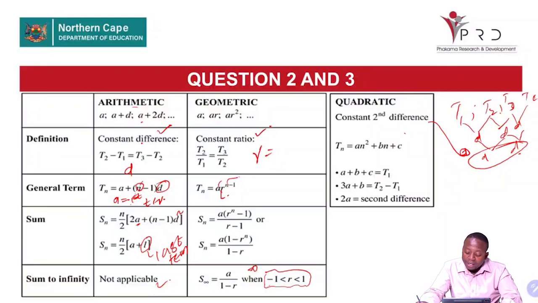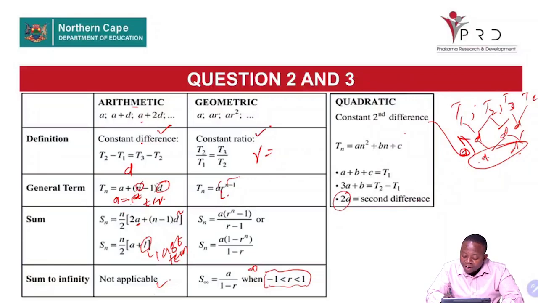Then it is given by the general formula, Tn equals an squared plus bn plus c. Now to find the values in this one, we look for them from the second difference going up. So 2a equals the second difference.